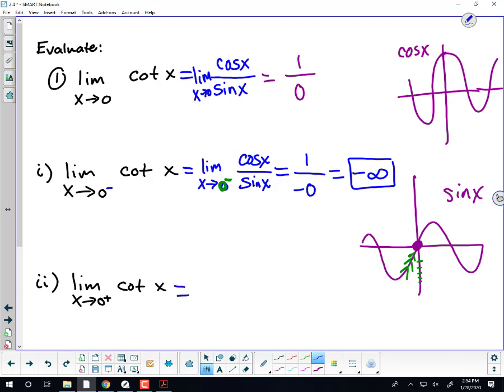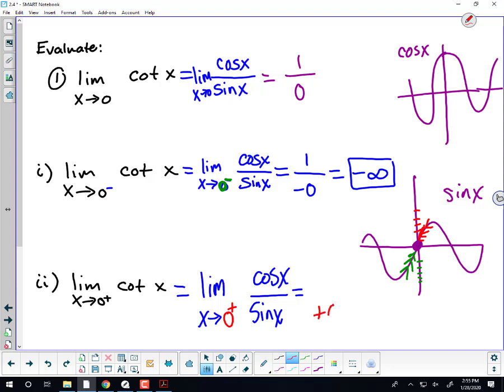Similar thing here. We're approaching 0 from the right on sine, approaching through positive values.